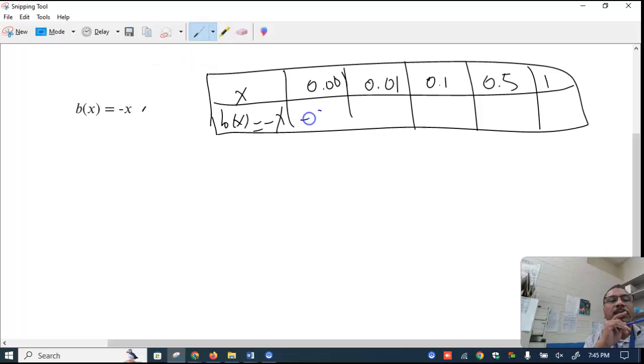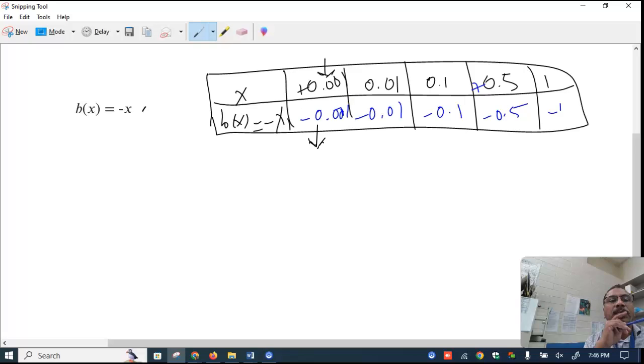So it changes from positive to negative. For small values of x, the output becomes the opposite of the input.